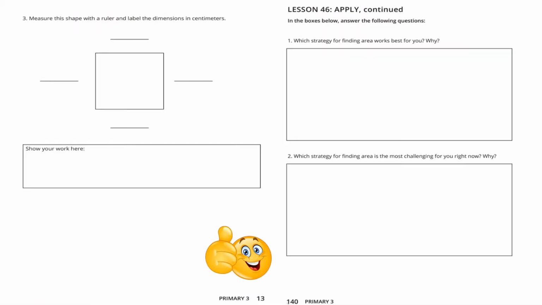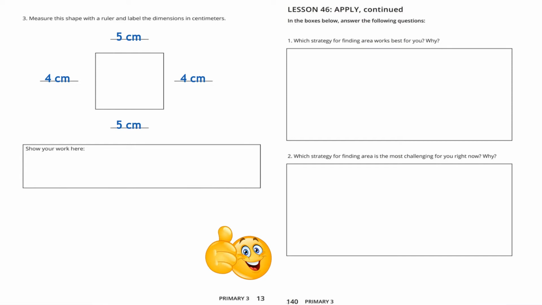Here we have a shape. It wants me to measure using a ruler and label the dimensions in centimeters. When we measured it, we found that the length is 5 centimeters and the width is 4 centimeters. We want to find the area of it. So this shape first is called what?